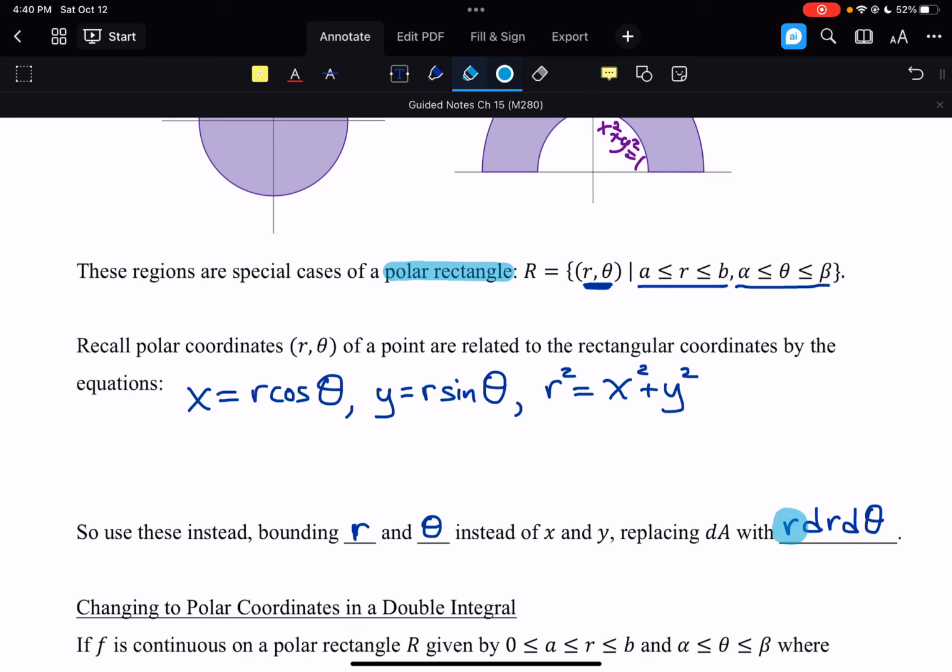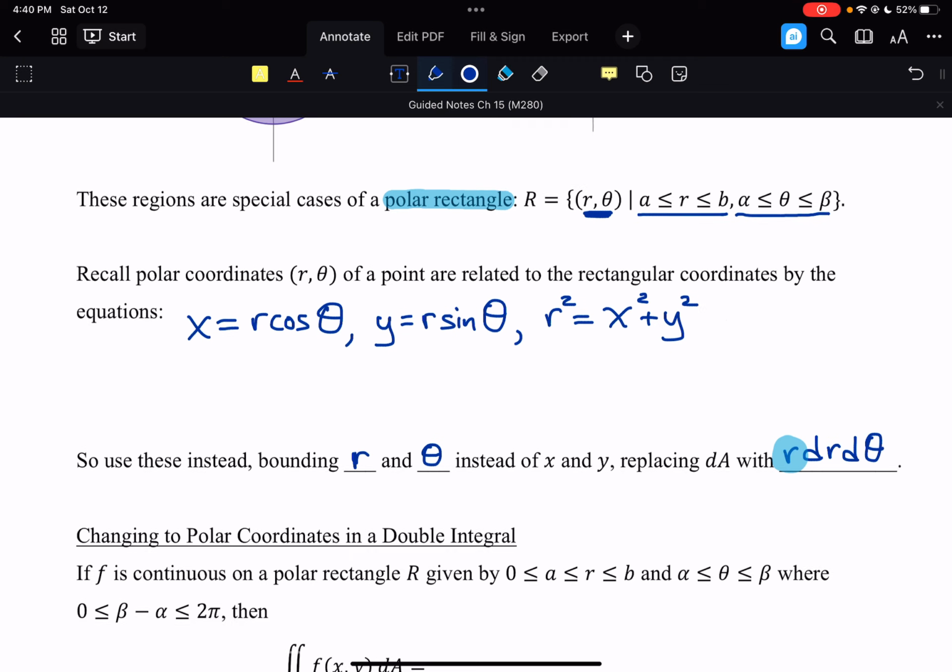Now notice, I'm highlighting for emphasis, there is an extra r here that gets picked up in this process. Why that is, I'll give you a quick explanation in this section, and then again we'll see a much more formal, thorough explanation later on in the chapter when we have a little more information.